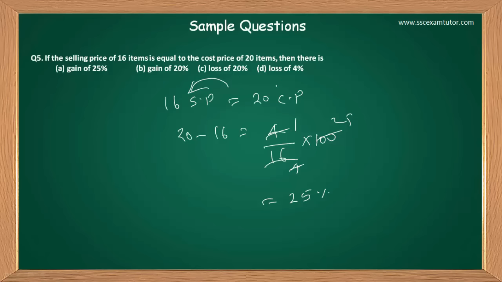Now you need to find whether this 25% is gain or loss. So here also it's 20 CP is equal to 16 SP. As you can see, this CP part is greater than SP, so there will always be profit percent. So the answer will be A.